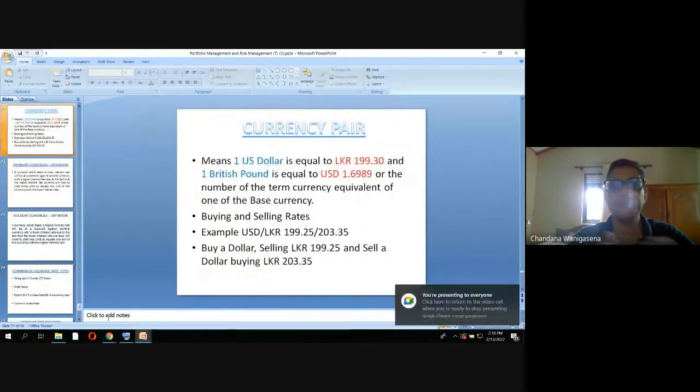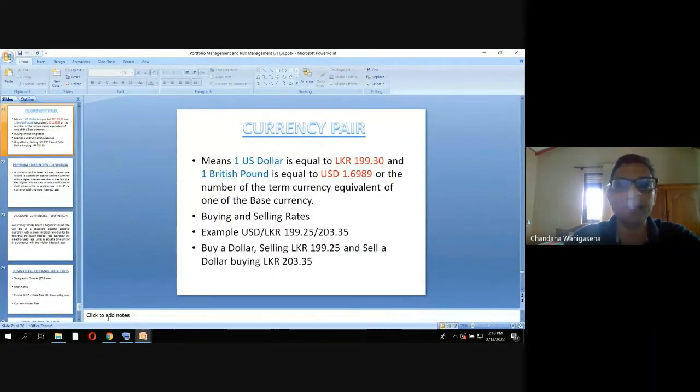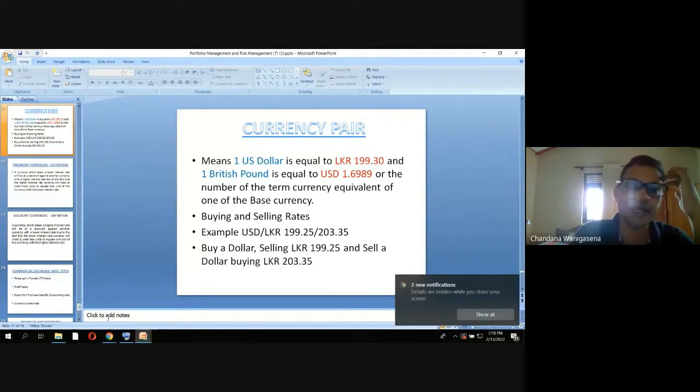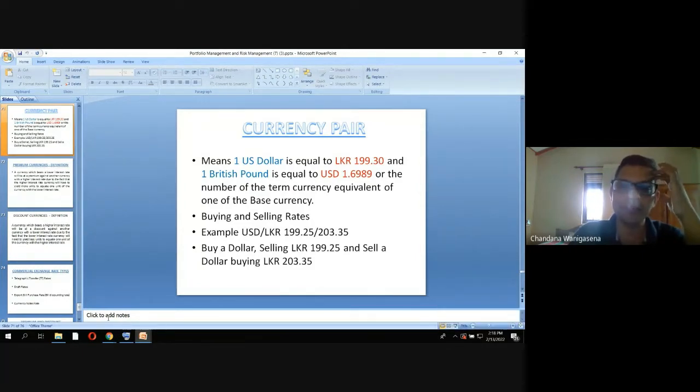Similarly, here we have one US dollar to Sri Lankan rupees at 199.30, and British sterling pound to US dollar at 1.699989, right? So the cross rate is not given directly, but using these rates you can calculate the exchange rate of one sterling pound in Sri Lankan rupees.